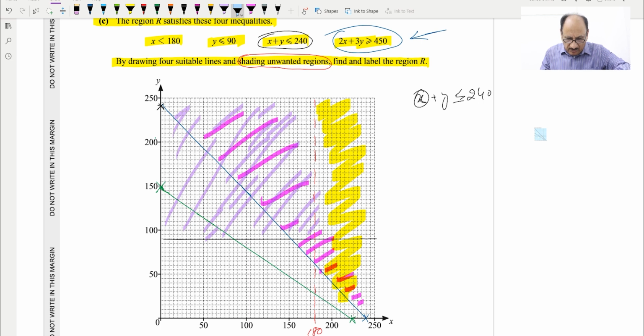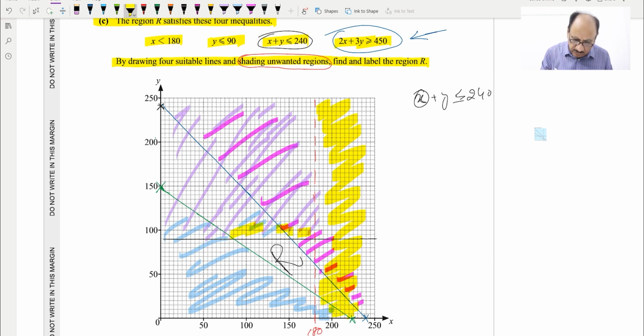So I will shade the less than, this area is also unwanted. So region required is which one? Region required is this one, R is required basically. So this is also unwanted region. Unwanted is all unwanted region. So R is only the wanted region.